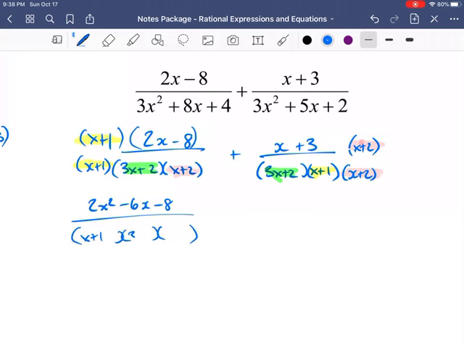X plus 1, 3x plus 2, and x plus 2. And then if you expand the numerators on the right side, you're going to end up with x squared plus 5x plus 6 over top of the same 3 terms.